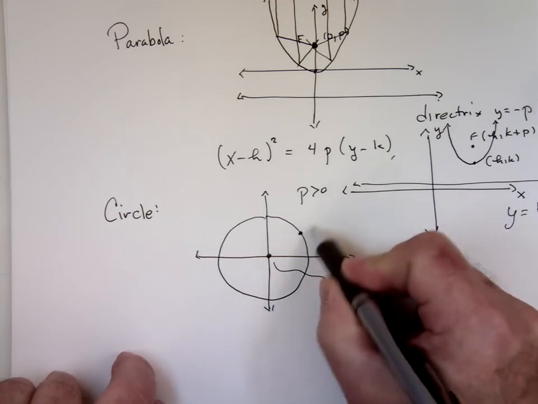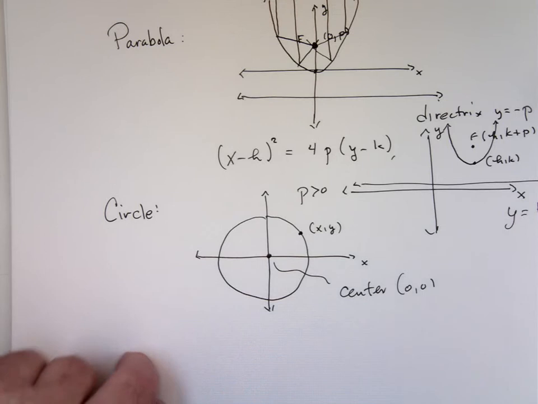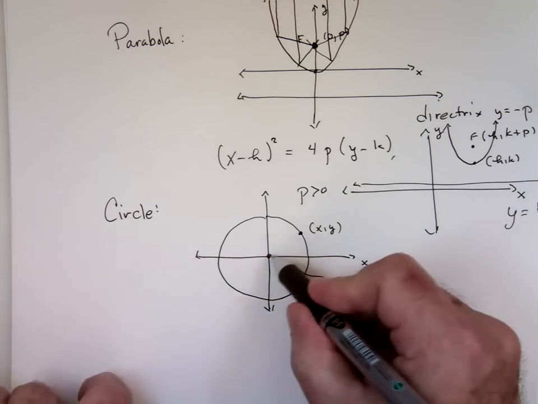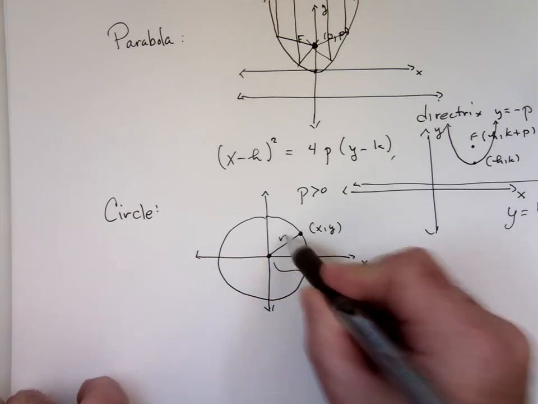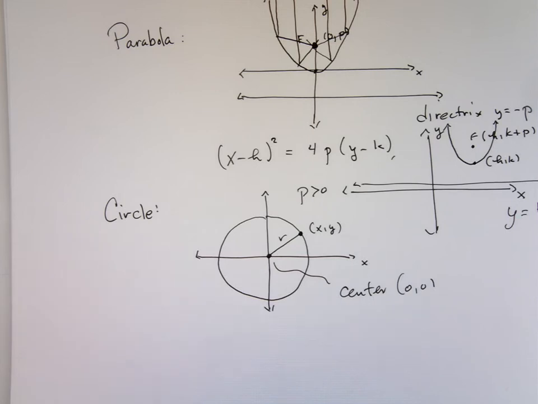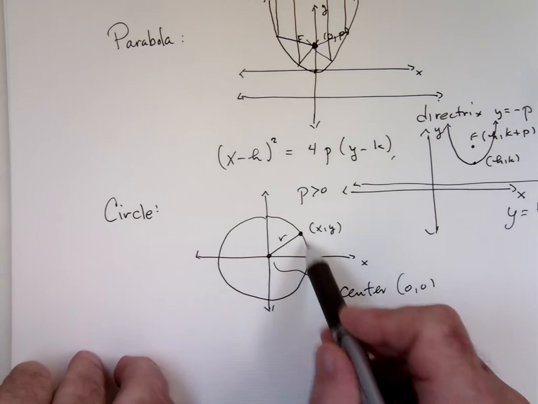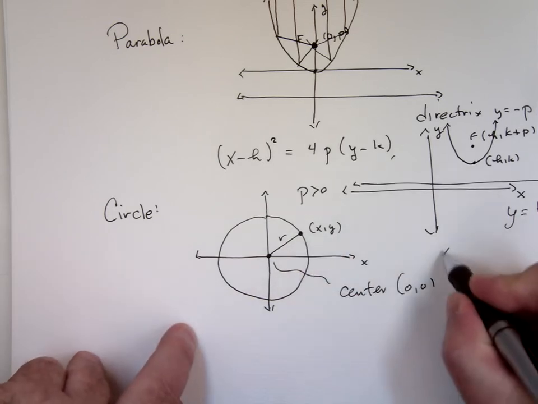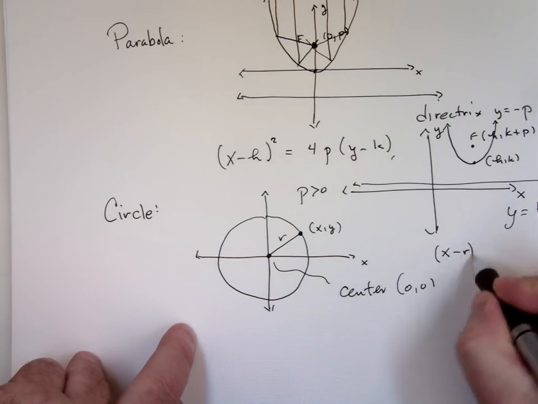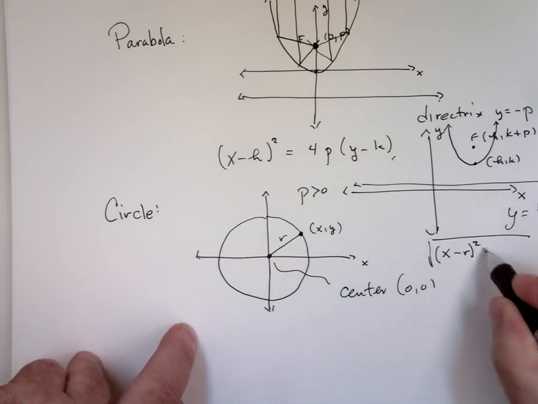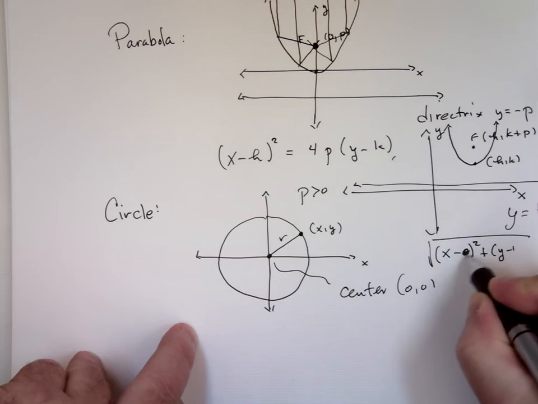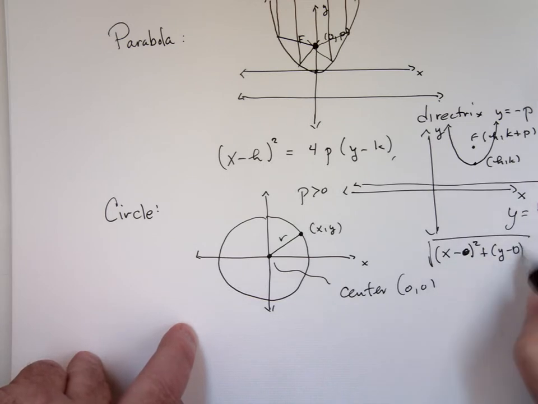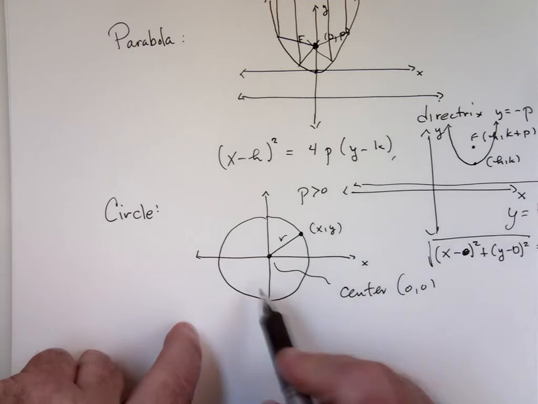Okay. If a point is to be on this circle, what must be the case is that this distance must be the given distance. Let's call that r for the radius of the circle. So if a point's going to be on the circle, it must be the case that the square root of (x minus 0) squared plus (y minus 0) squared is equal to r.